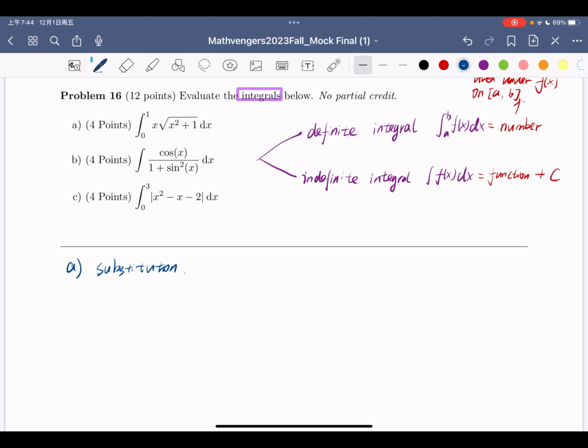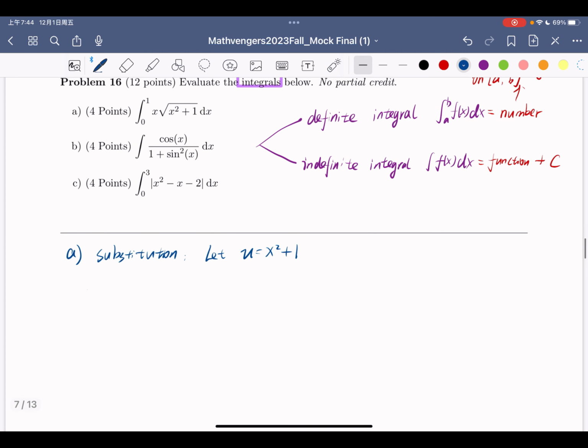By substitution, we let u equal x squared plus 1. So we get du over dx equal to 2x, and du is equal to 2x multiplied by dx, which means we can substitute du for dx.